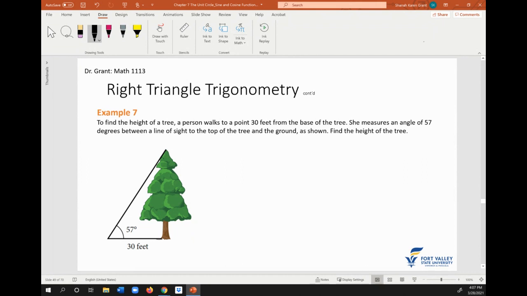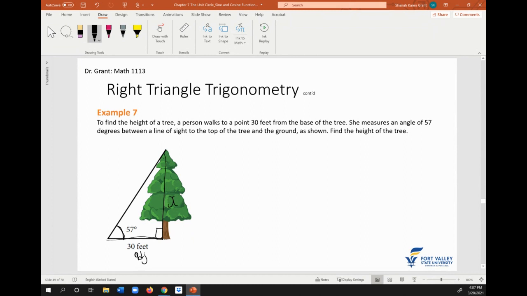Find the height of the tree. If you look at this as a right triangle, this is my right angle. I have an angle and a side, in this case the adjacent side. I want to find the height of the tree, x.